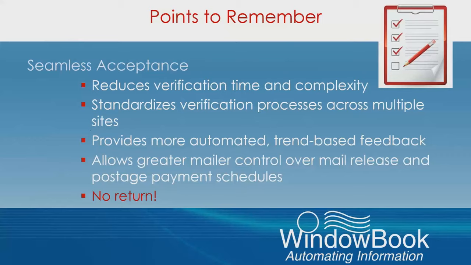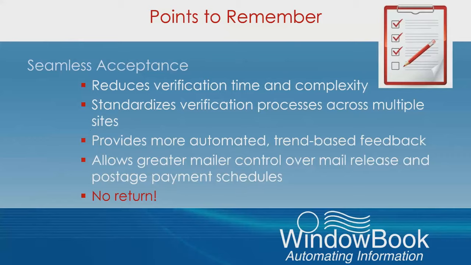And it does standardize that acceptance process, which again is particularly important when you have multiple mailing sites. So you should see greatly reduced instances where you have one set of verification standards at one site and a different set at another site. And it also provides for more automated and trend-based mail quality feedback. And again, that's important, so you're not going to get penalized for one individual mailing.